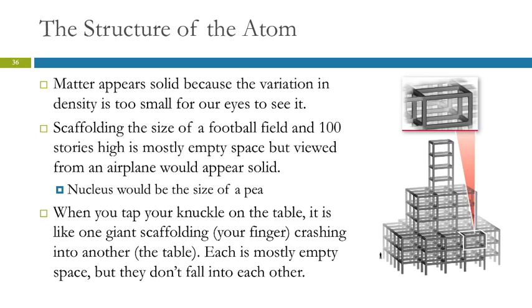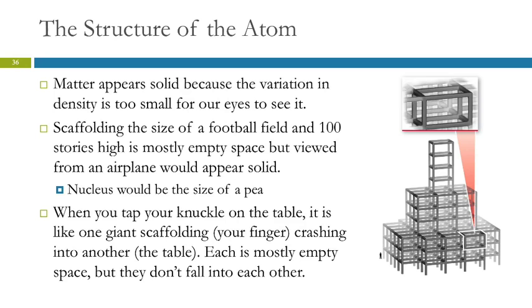Does that make sense? If that was representing an atom, then the nucleus inside of that would be the size of a pea. So we've got this structure as big as a football field, 100 stories tall. That would be a very, very large building, right? And the nucleus, where almost all the mass is, the size of a pea. Mostly empty space in an atom.